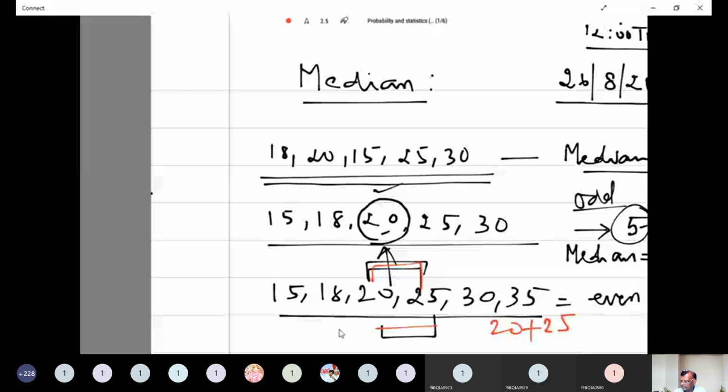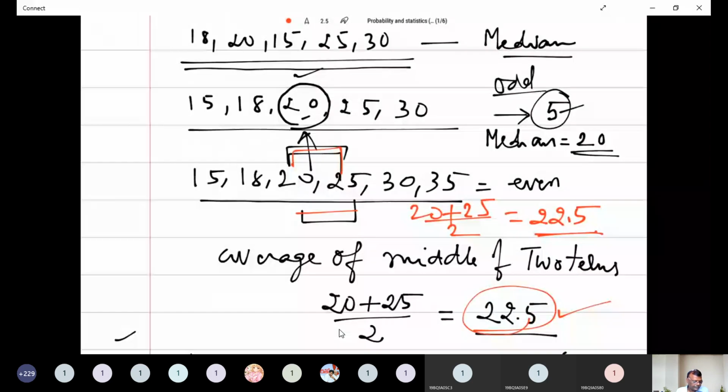This is called the arithmetic mean of the two middle numbers, the median. This is a very simple definition regarding the median of ungrouped data.